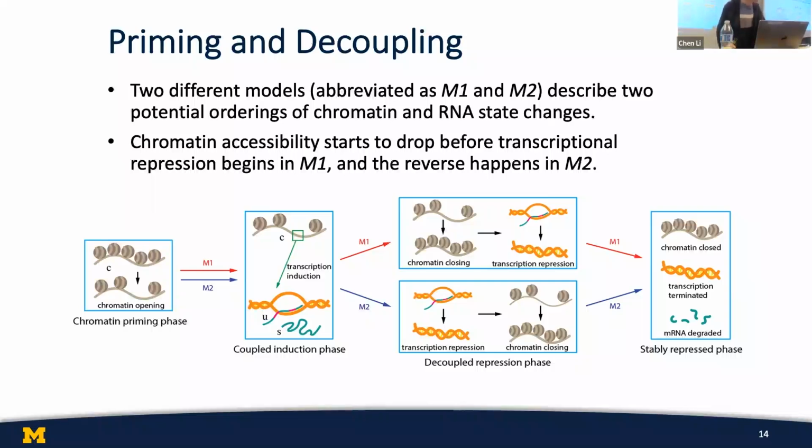For model 1, the chromatin closing precedes the transcription repression state, and the order is reversed for model 2. And finally, both models will reach a stably repressed phase where both modalities drop.